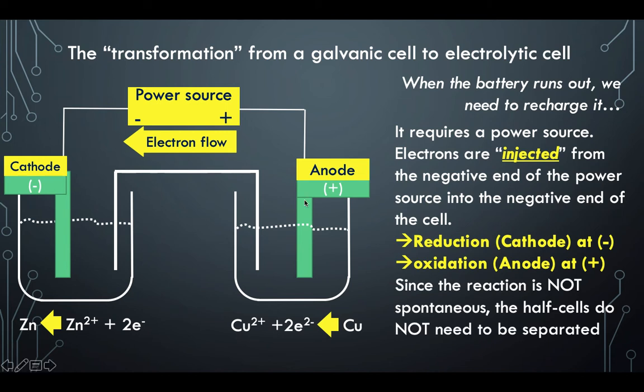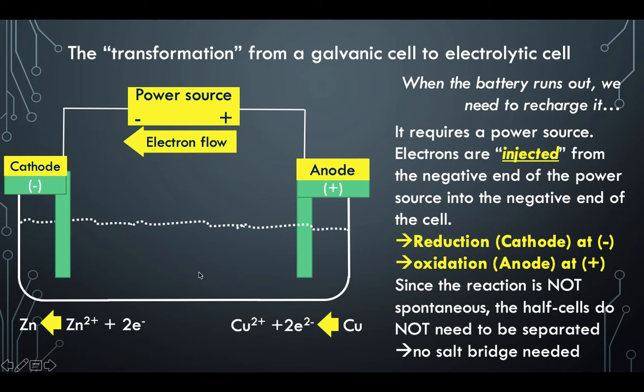Okay? So when we're recharging a battery, when it's an electrolytic cell, because the reactants will not react spontaneously, they are forced to react that way by the power source. Okay? So we don't really need two half cells. We can actually connect them to become the same cell. And because they're no longer half cells, we can remove the salt bridge as well.